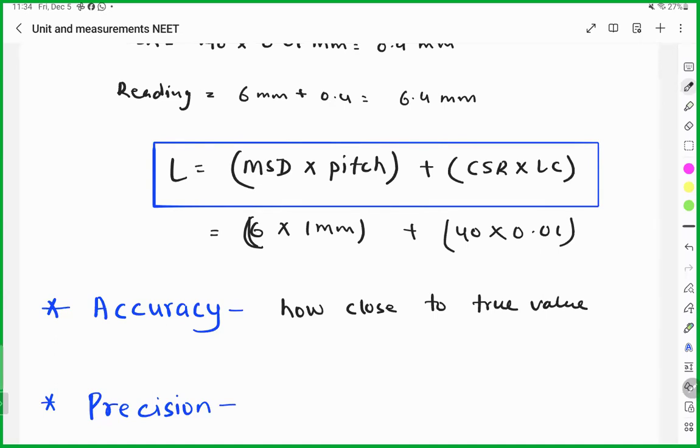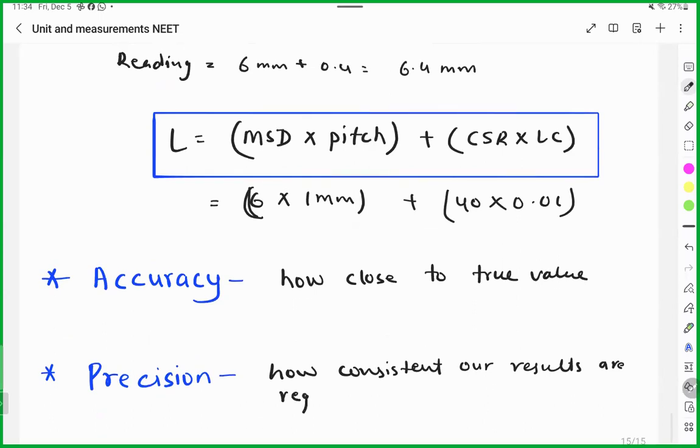Precision is how consistent our results are, regardless of what the true value is, regardless of proximity to the true value. Whether it is very close to the true value or different doesn't matter.